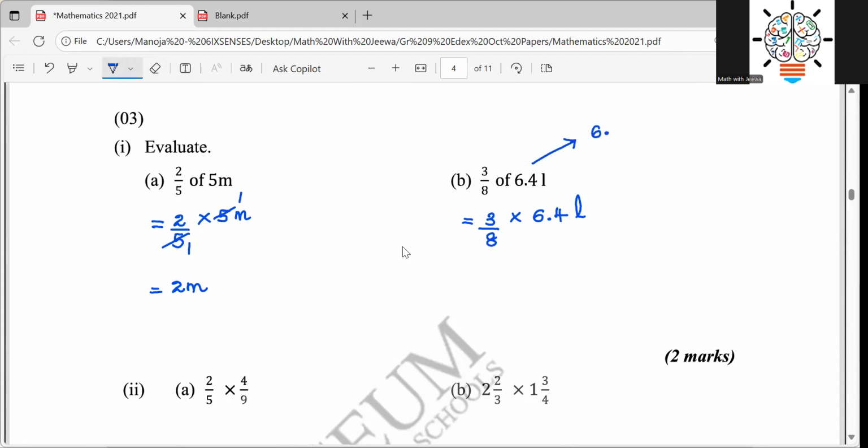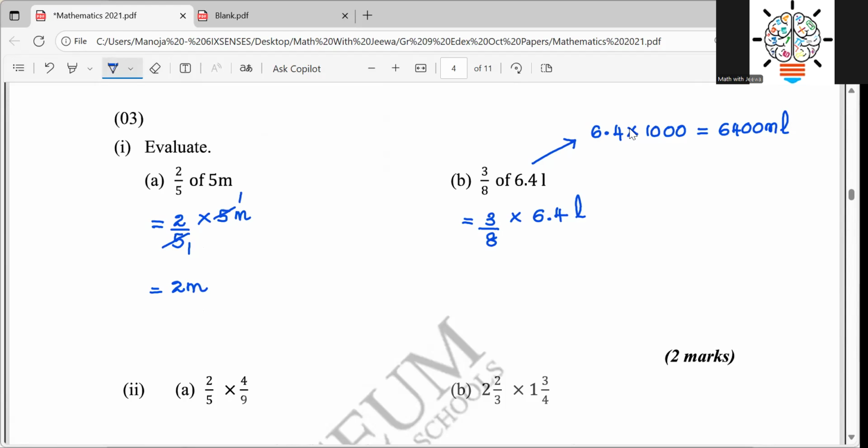How? 6.4 multiplied by 1000. It gives me 6,400 milliliters, right? 6,400 milliliters.